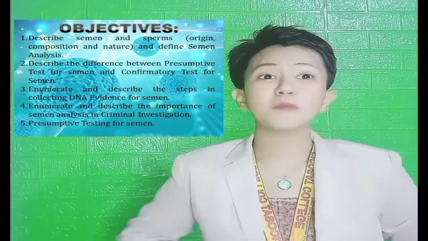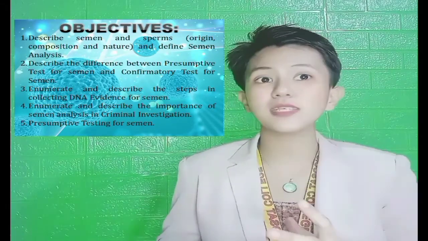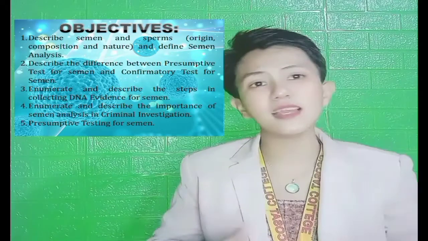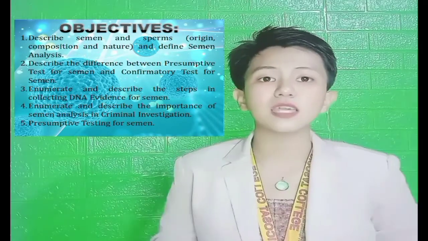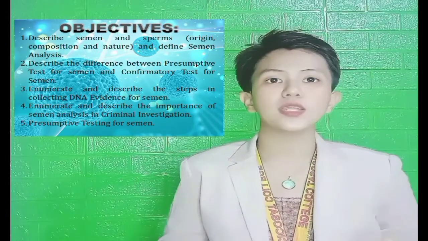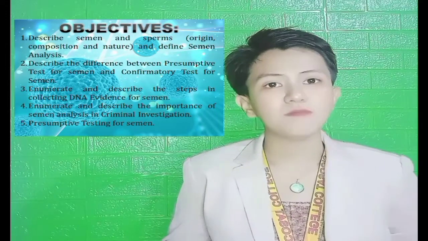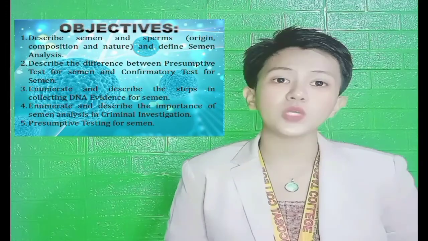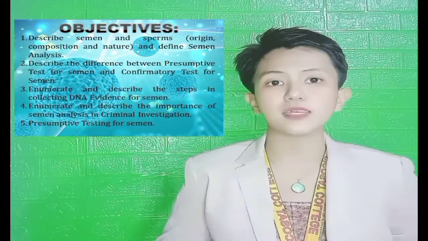So now, let's go back to the objectives to see whether we have covered all of them. The first is to describe semen and sperm, the origin, composition, and nature, and define semen analysis. Second, describe the difference between the presumptive test for semen and the confirmatory test for semen.